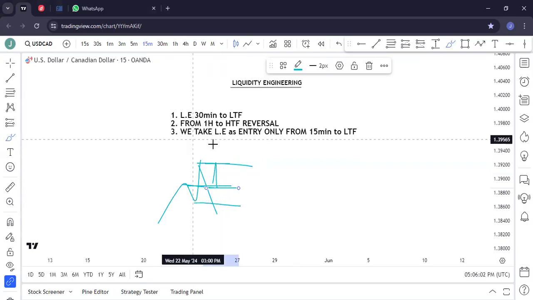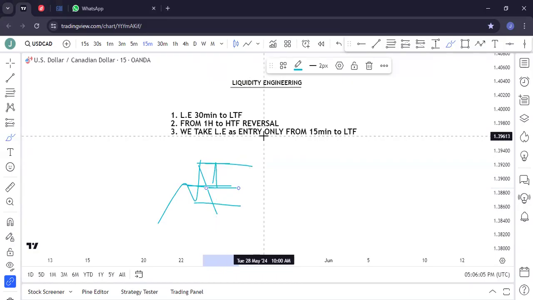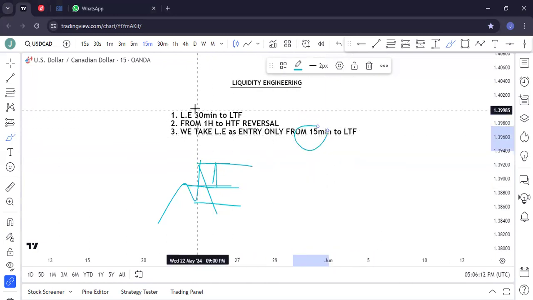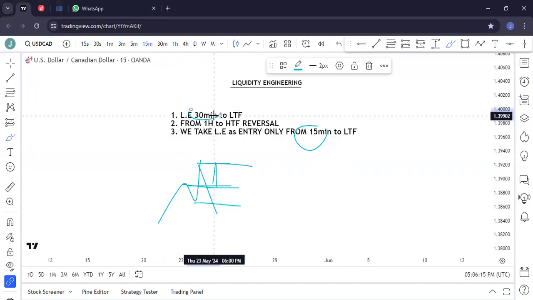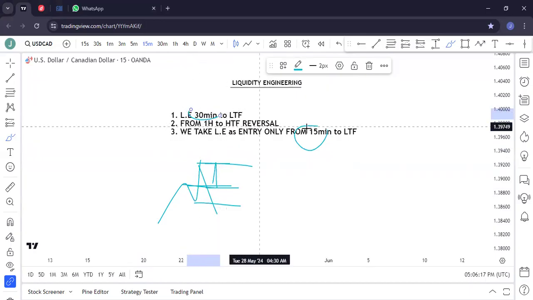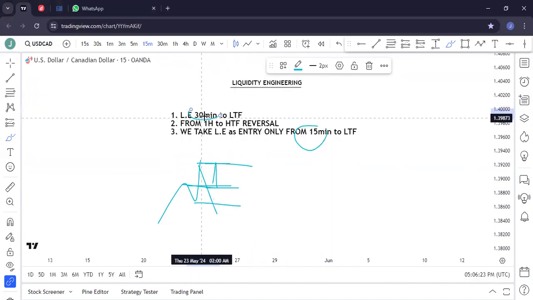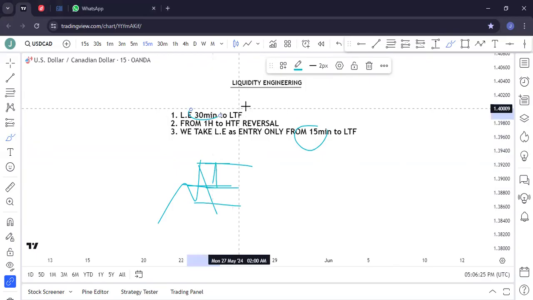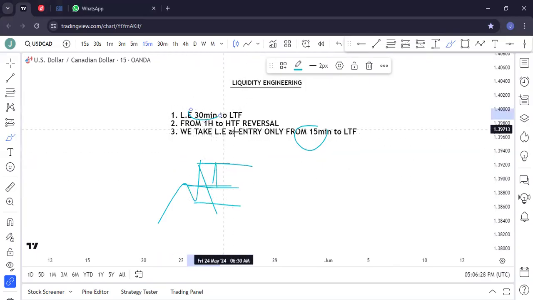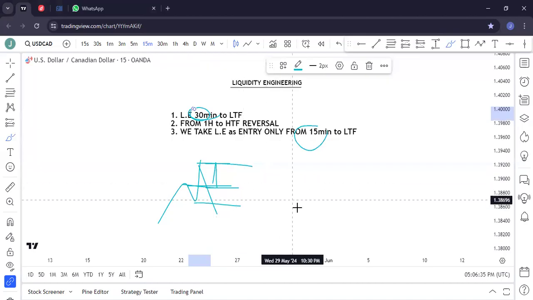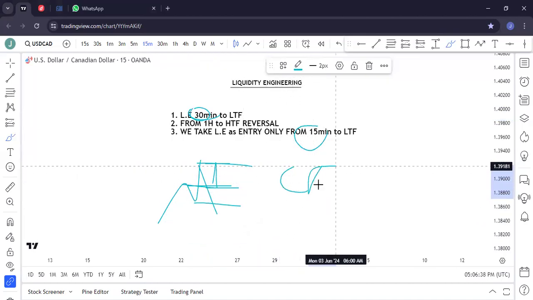So we take liquidity engineering as an entry only from 15 minutes to lower time frames. And why 15 minutes and not 30 minutes as the first point? In 30 minutes, we don't take liquidity engineering as an entry, because at some point we can use this 30 minutes as our constant bias.